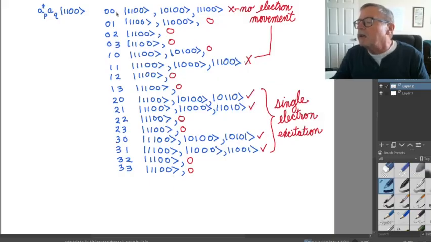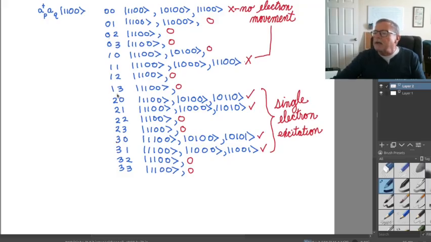But we have to find the magic combination where you get rid of 0 or 1 and populate it with 2 or 3. So here's 2 good combinations. Here's 2 good combinations. So out of all this mess, we only have 4 valid results.